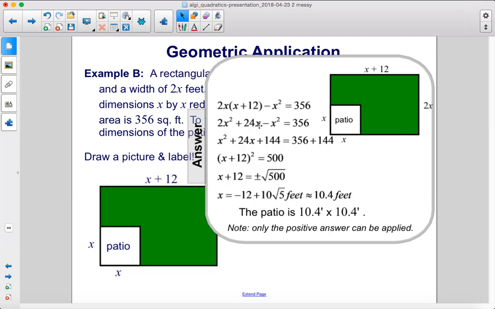So then we just multiply it out, we complete the square here, that way we get (x plus 12) squared equals 500, then that gives us x equals negative 12 plus or minus 10 times the square root of 5. However, we only want the positive answer because a negative answer would not make sense here. So negative 12 plus 10 times the square root of 5 feet is about 10.4 feet.